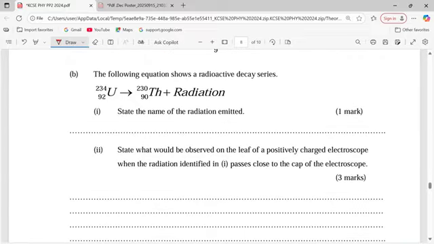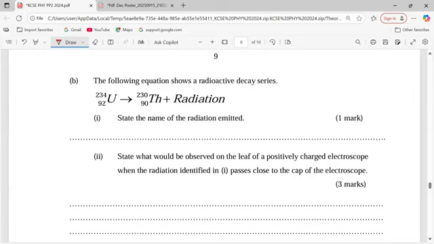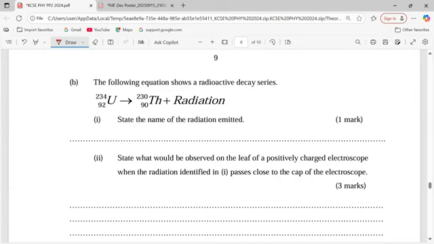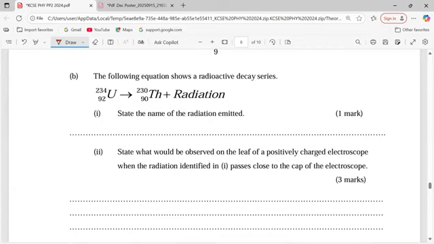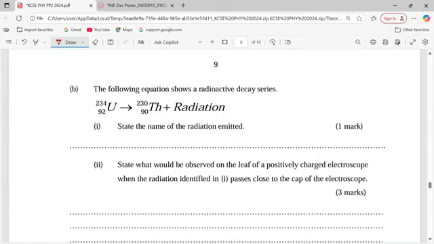Look at part B. The following equation shows a radioactive decay series. We have uranium decaying to become thorium plus a certain radiation. State the name of the radiation emitted.